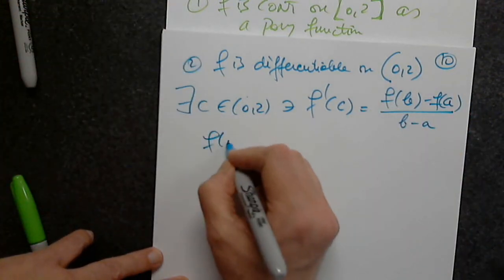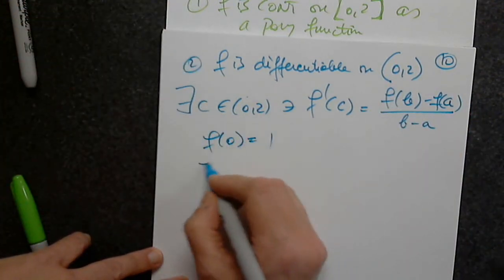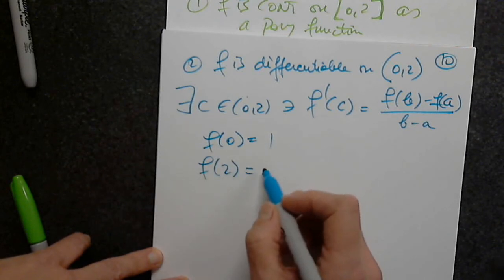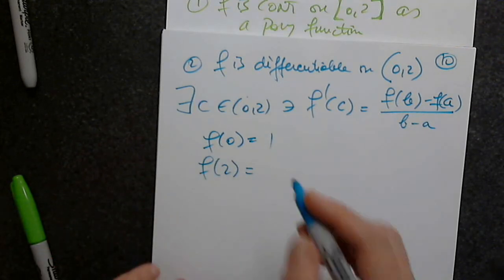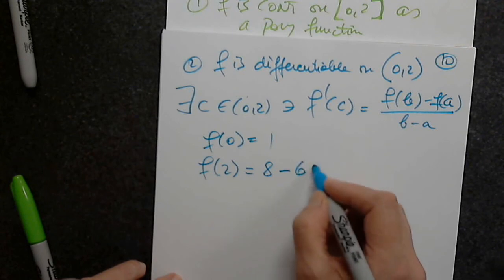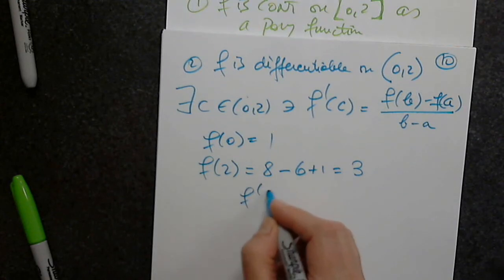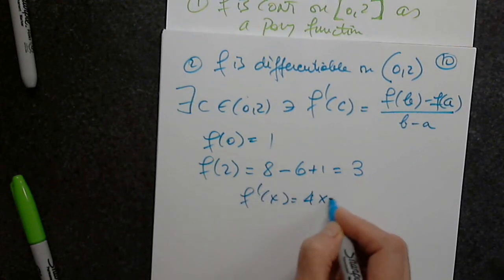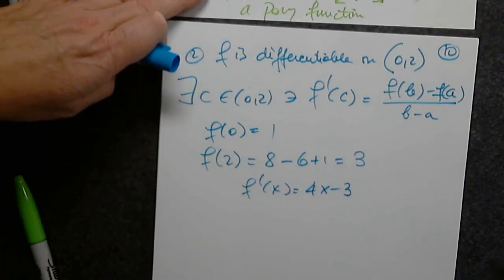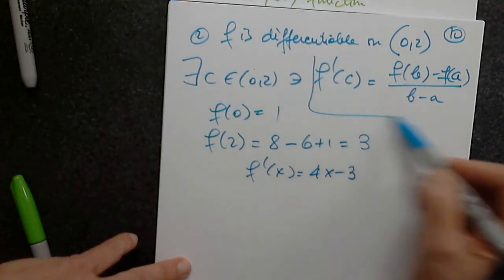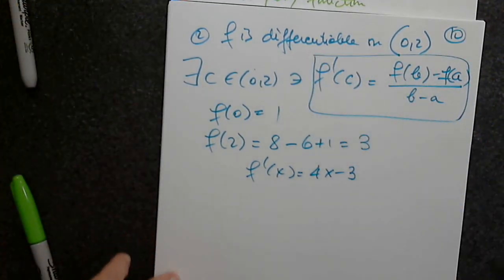So I have to find f of 0, which is 1, and f of 2, which is 4 times 2 is 8, 8 minus 6 plus 1, I got 3. I have to find f prime of x, which is 4x minus 3. And now I'm ready to write this equation.